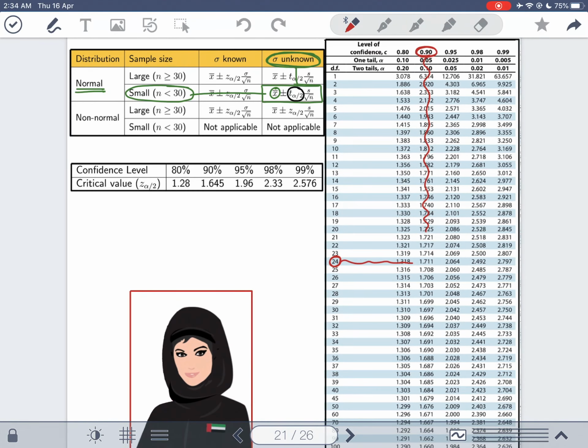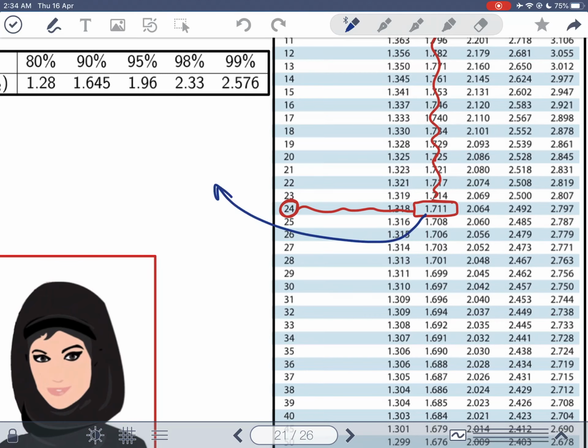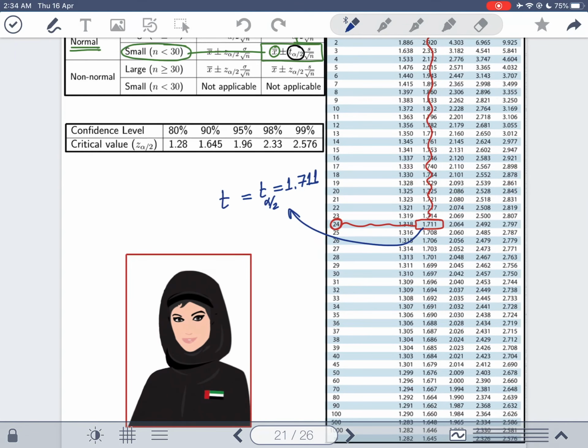They intersect at this point. So here is my t sub alpha over 2, 1.711. Or you can call it t sub C, which in this case is 90% confidence.